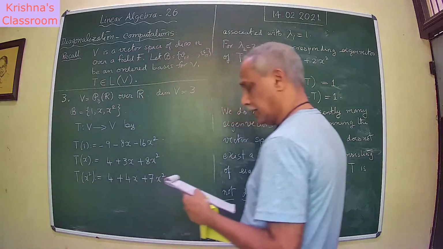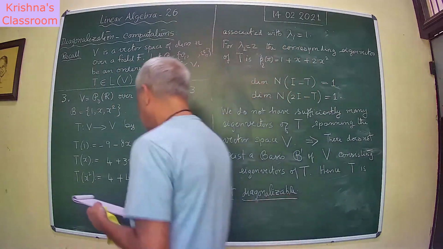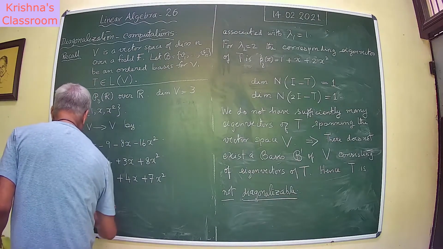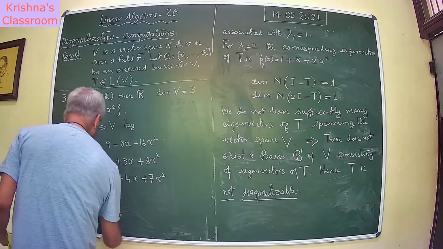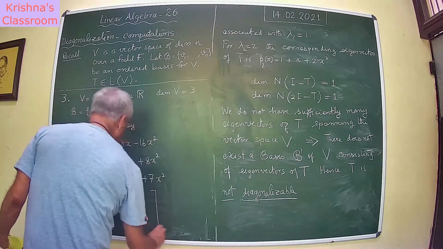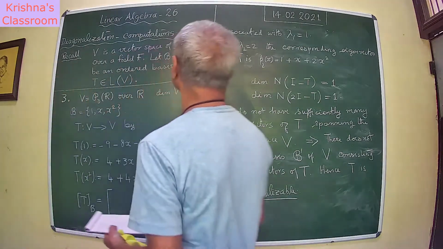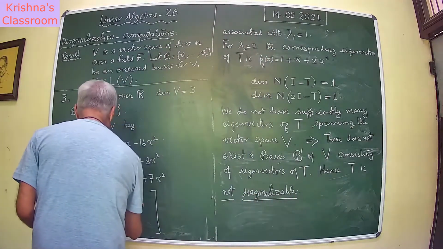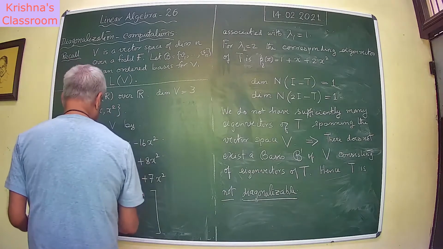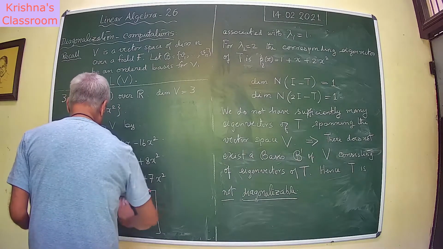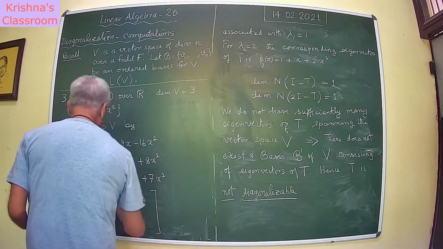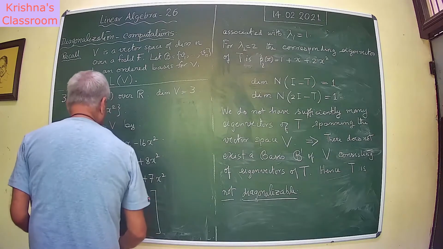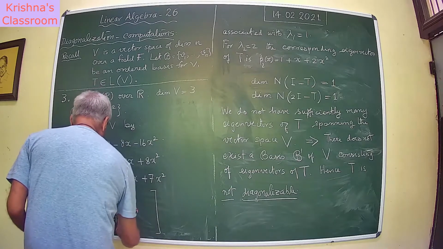So minus 9, minus 8, minus 16. So this gives, then computes to be, I'll be leaving all the computations, in this case minus 9, plus these coefficients will form the first column: minus 9, minus 8, and minus 16.